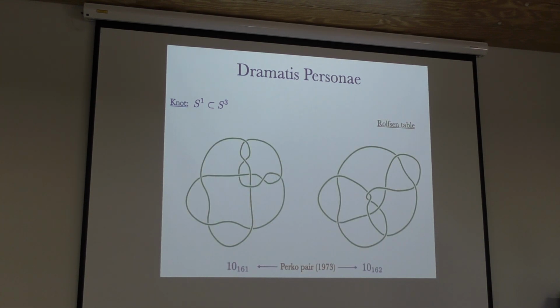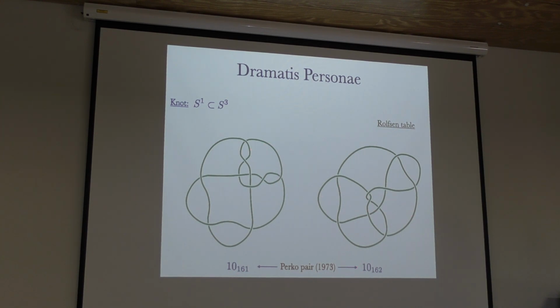In fact, the complications associated with these Reidemeister moves are such that the original Little knot table from the late 1890s had an error in it that was not realized until 1973. These two knots which appear in the table at 10 crossings, 10-161 and 10-162, are in fact the same knot.